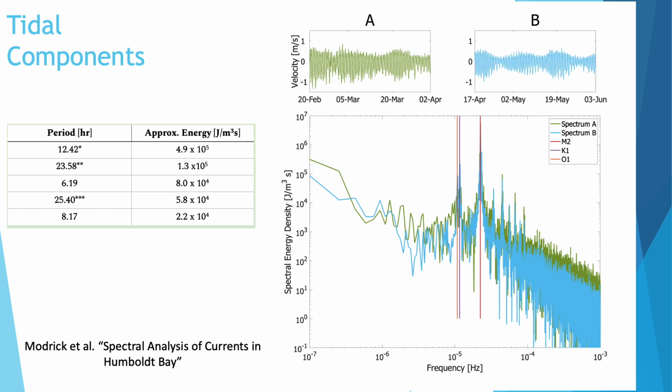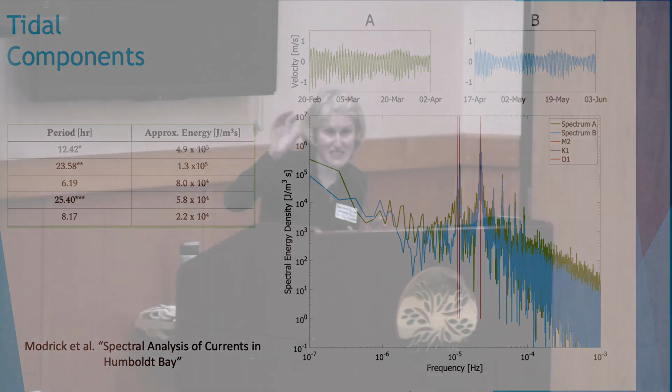But taking these values, we wanted to see if we could calculate what that distribution is between the semidiurnal and the diurnal. And so we calculated the form factor. When we look at the form factor, we're taking the energy at each period, this is the M2 tide here, and we're getting the approximate energy for each of those, and we're able to use that to calculate our form factor.